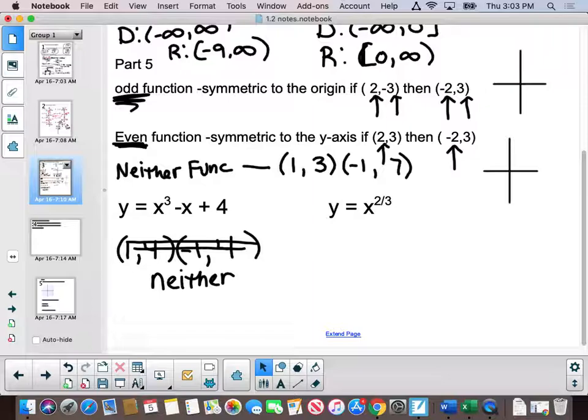Go under y equals, plug in again x cubed minus x plus 4, which you just had in there, but now I hit second table and it's showing up. Reset your calculator. I have a feeling you're resetting it, but you're not moving it down to actually say to reset. Do you know what I'm talking about? When it says reset, you have to actually say, I want to reset the calculator.